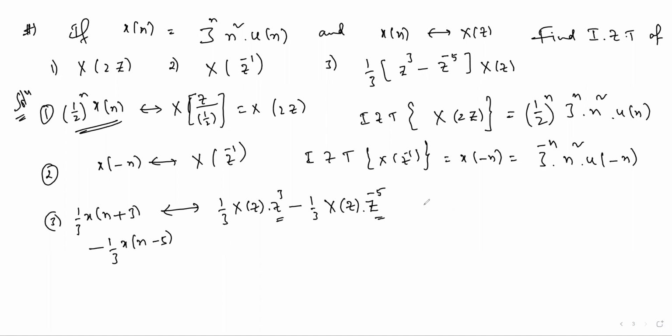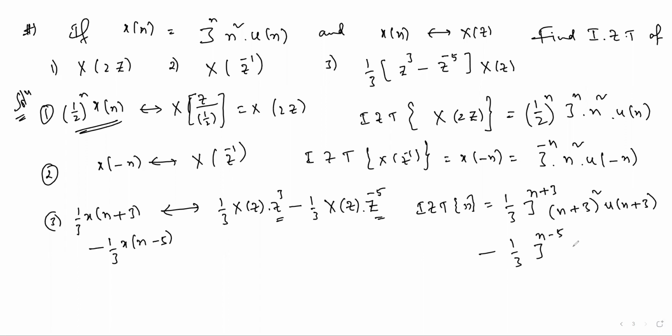So in this case, the inverse Z transform is 1/3 x of n plus 3. That means 3^(n+3) into (n+3) whole square u of n plus 3. Next, minus 1/3 x of n minus 5, which is 3^(n-5) into (n-5) whole square u of n minus 5.